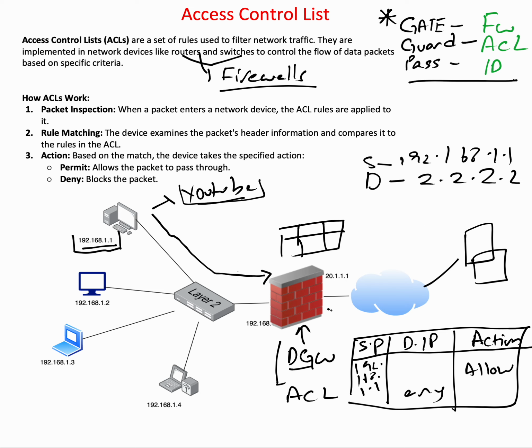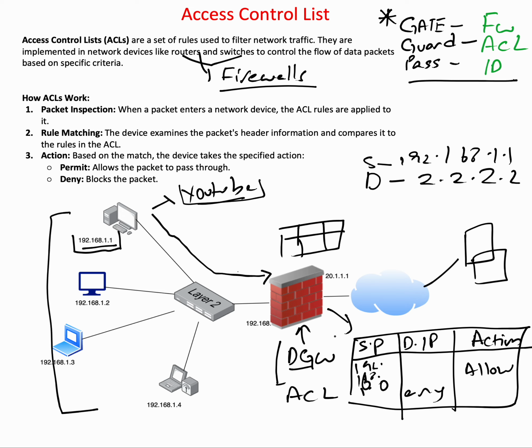So it will check this rule, and then it'll see, okay, this is the source. Ideally, how we put the source IP or destination IP is either we put any, or we put a specific subnet. So in this case, I will add 192.168.1.0, so any of the devices.